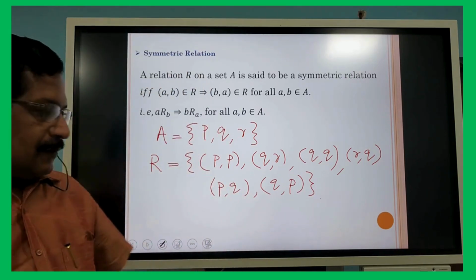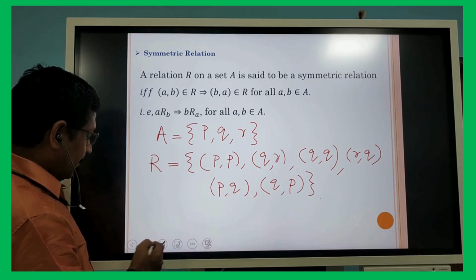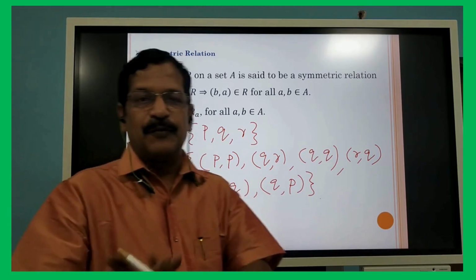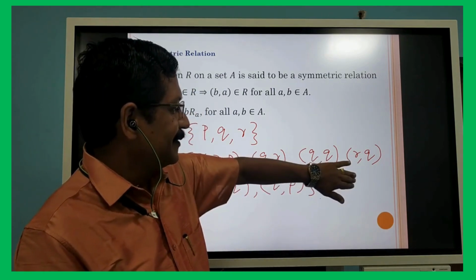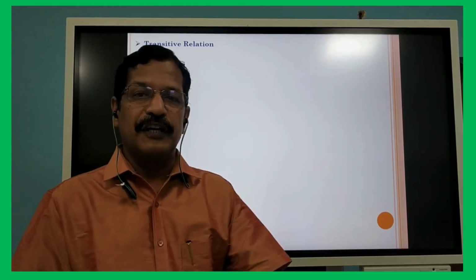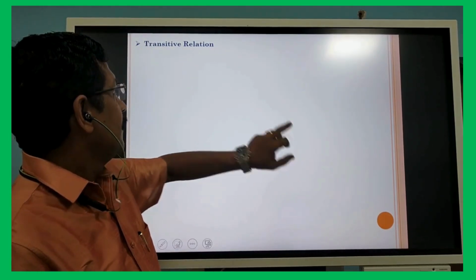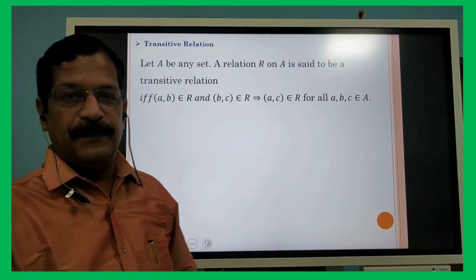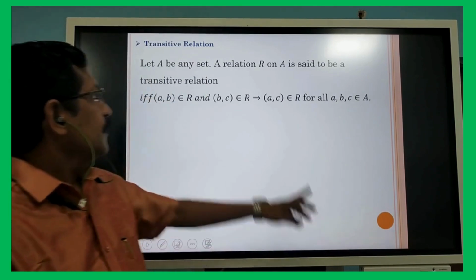Now, let us discuss the next type of relation, and that is called the transitive relation. Let A be any non-empty set, of course.